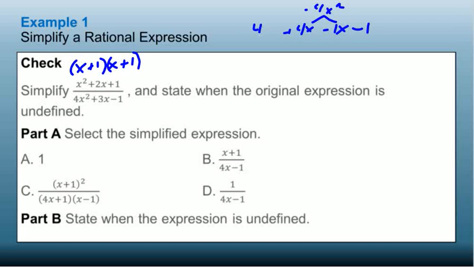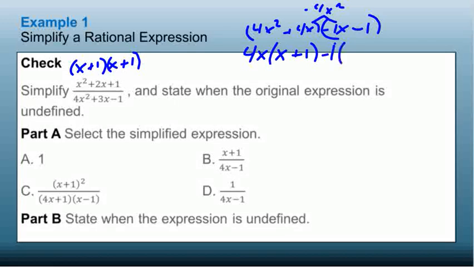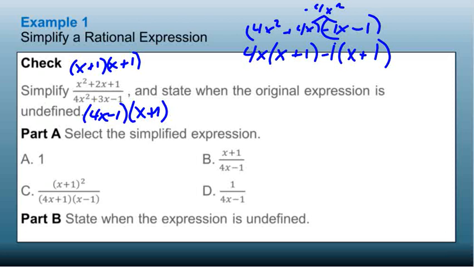Factor this and I can take out a 4x. That leaves me with x plus 1. And over here, take out a -1, that's x plus 1. So in the denominator, this would be 4x minus 1 times x plus 1. The x plus 1's cancel off, and I'm left with the letter B.